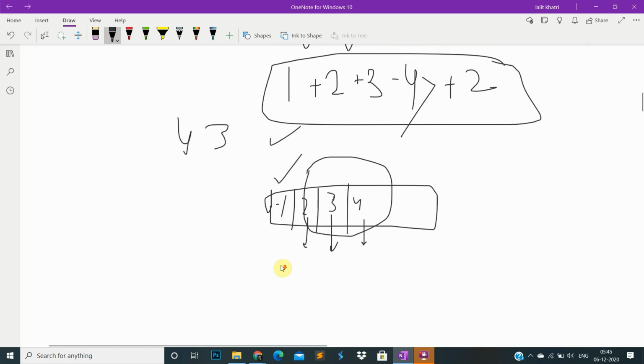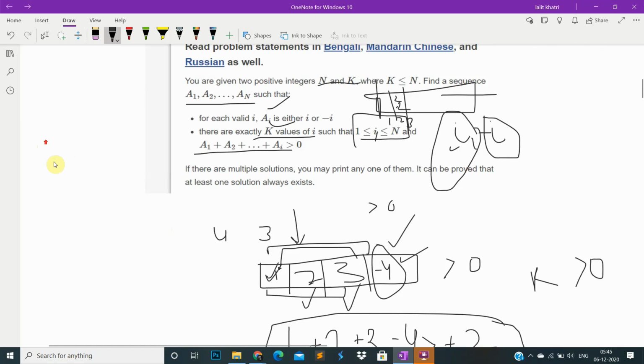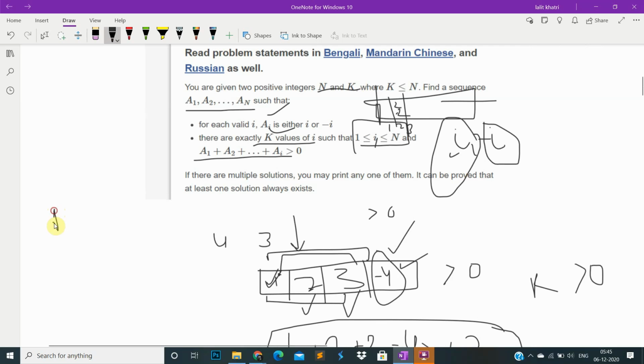This is a simple question. Take two variables, x and y. y will contain the number of negative values we require, that is n minus k, and x will contain how many positive values we require.